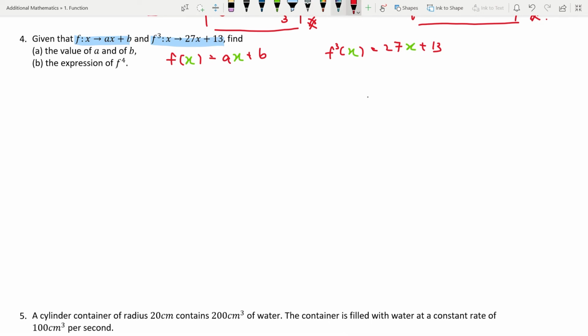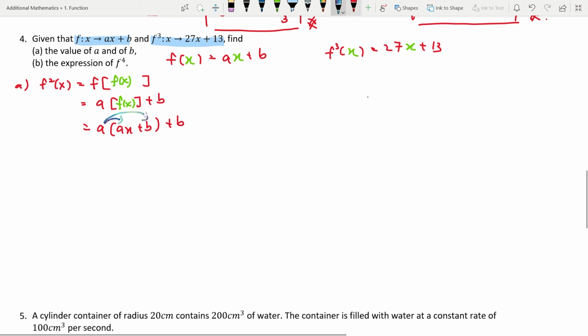Find the value of a and of b. We have to find our own f³(x). In order to get f³(x), we need to find f²(x) first. f²(x) is equal to f(f(x)). Substitute f(x) into f, we have a(f(x)) plus b, which is a(ax plus b) plus b.